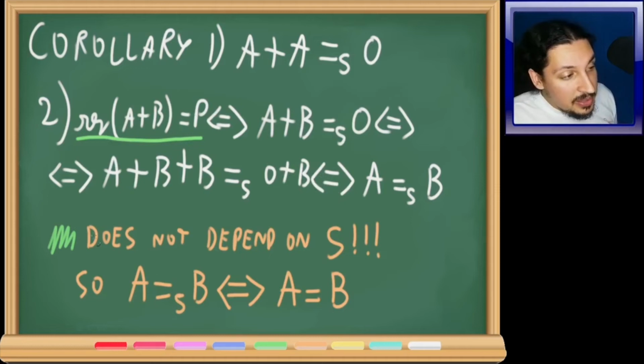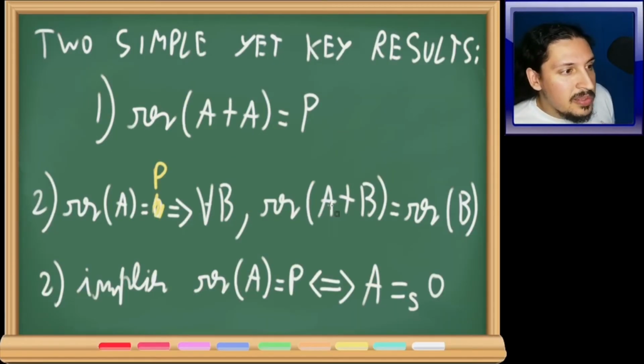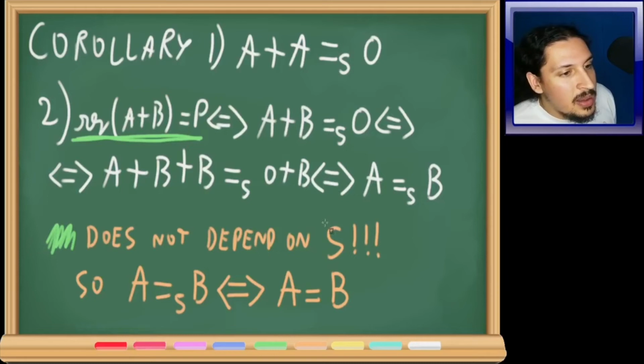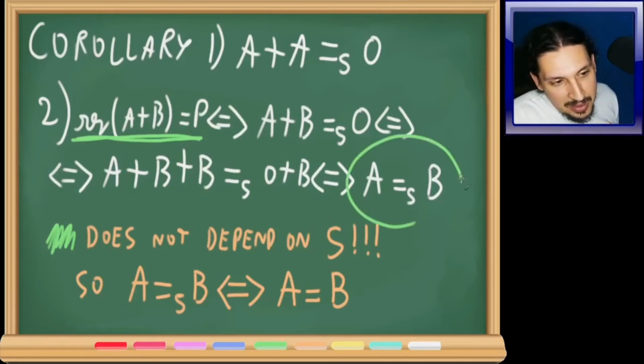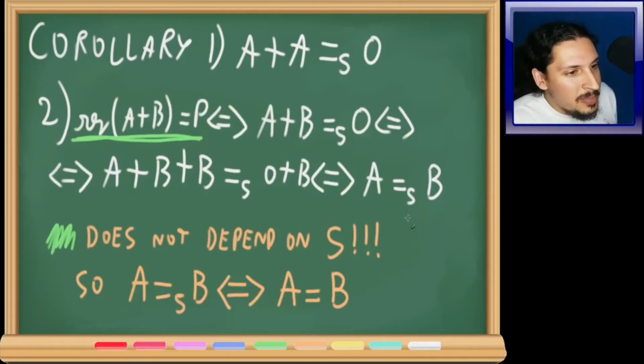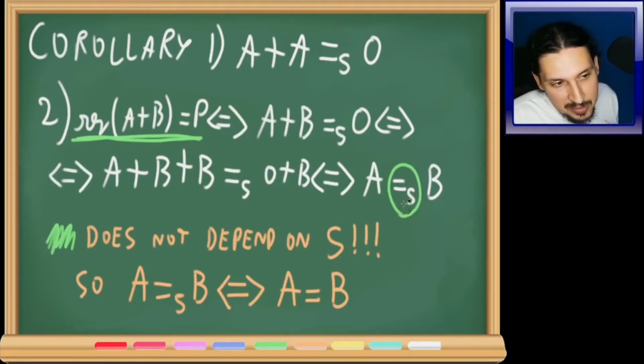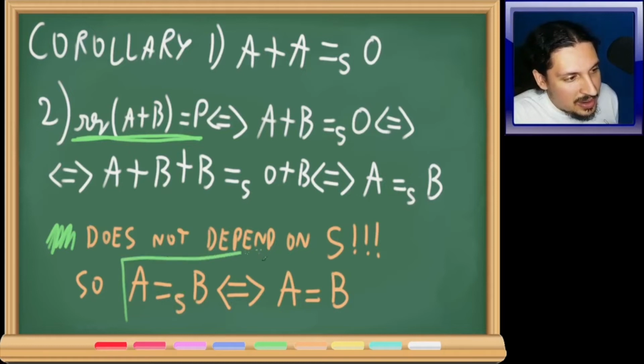And another key observation is that this green thing over here does not depend on S at all. None of our results use S at all. But this thing over here does depend on S. And that means that the equivalence between A and B is the same no matter the S. This is what it says here.